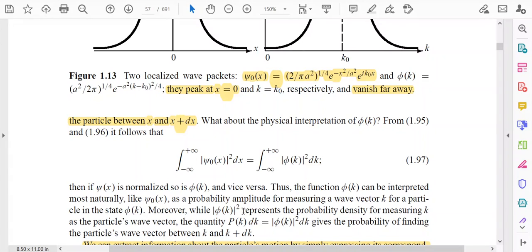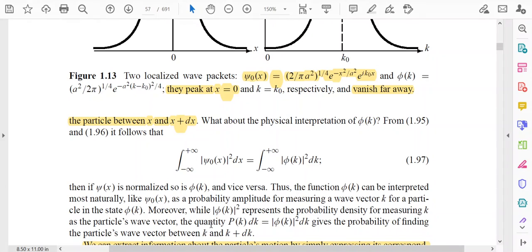Similarly, we can also interpret that phi k, this is also a wave function, but it is in k space, and phi k represents the probability amplitude for measuring a wave vector k for a particle in the state phi k. Moreover, mod of phi k whole square represents the probability density for measuring k as the particle's wave vector.